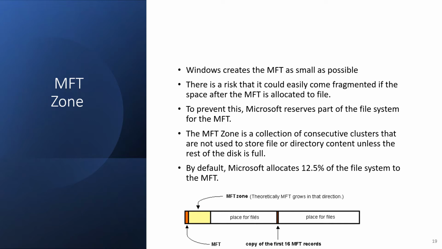So basically, there needs to be an MFT zone so that when the MFT needs expansion, the zone can be used and can grow in that direction. By default, Microsoft allocates 12.5% of the file system to the MFT.